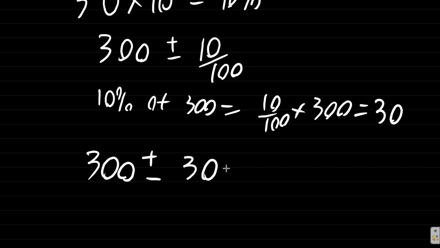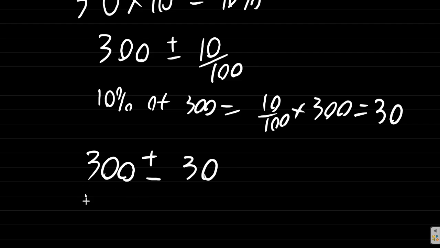So there is a certain standard that requires them to make these resistors so that the resistance is not more than 10% above 300 and not less than 10% below 300.